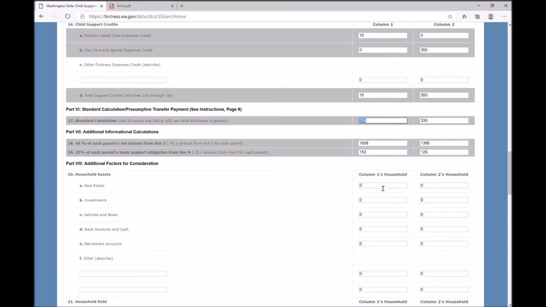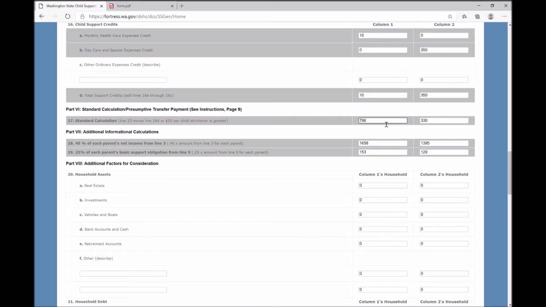But there's a reason why we need to enter this information. The reason is that many times there are special considerations. For example, if either parent is asking for a deviation up or down, if the father says that the child lives with me for almost 50% of the time, even though the mother might be the custodial parent, and therefore I spend equally on his clothes and his school supplies and his vacations and his travel and his toys.